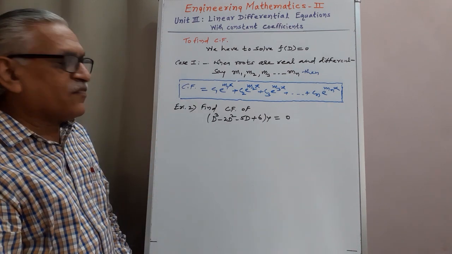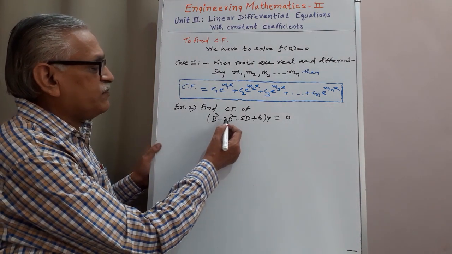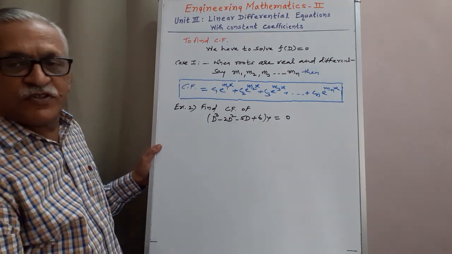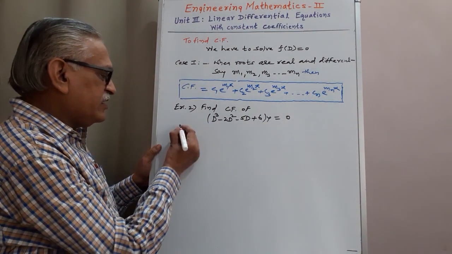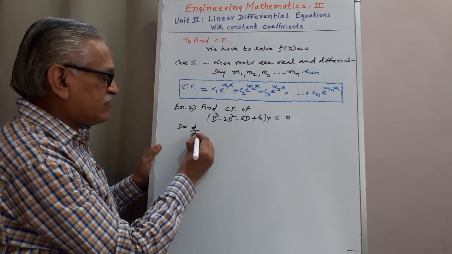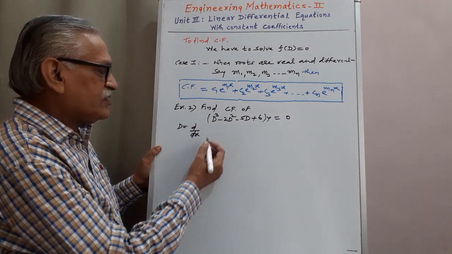Example second, find complementary function CF of equation D cube minus 2D square minus 5D plus 6 into y equal to 0. Here capital D stands for operator d by dx. Directly equation is given in symbolic form.